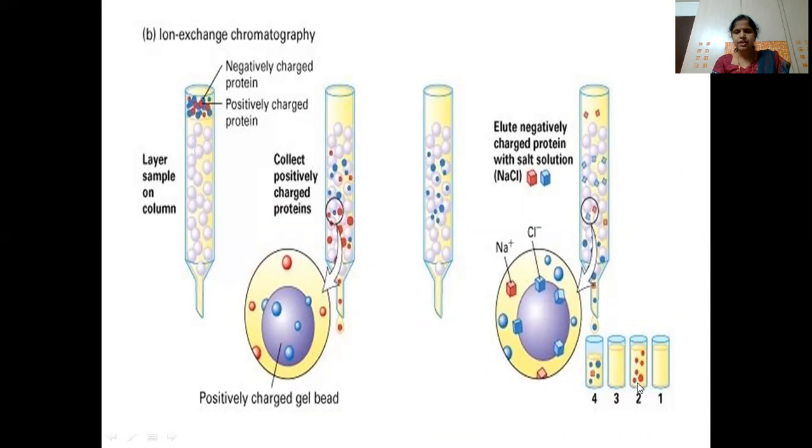The second fraction has only the positively charged proteins. Then again comes the buffer. After that, you will find only the negatively charged proteins being collected, with salt solution. What we are doing here is changing the pH of the buffer, and then eluting out all the negatively charged proteins. Whatever the ions, whatever the sample, this is the main principle behind it.